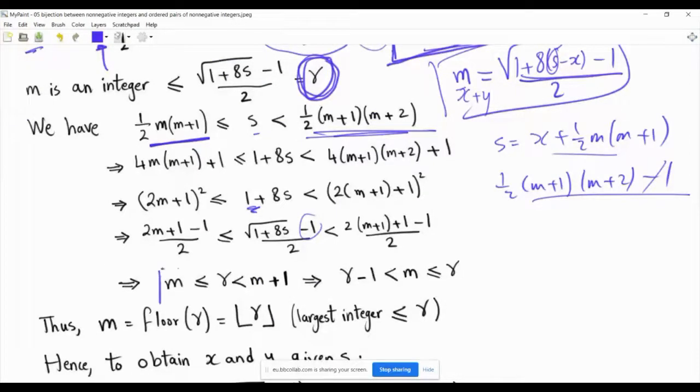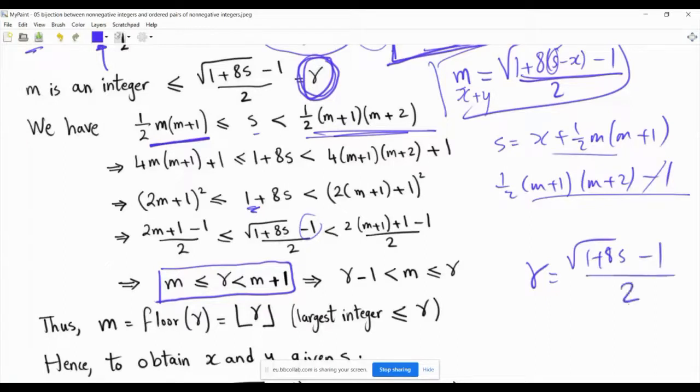And we will reach a very nice inequality. Don't forget gamma is the square root of 1 plus 8S, minus 1, over 2, something that we can compute if we know what S is. Gamma is greater than or equal to M and is less than M plus 1. So we can rewrite these two inequalities.